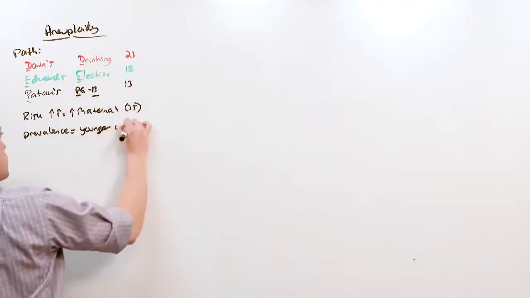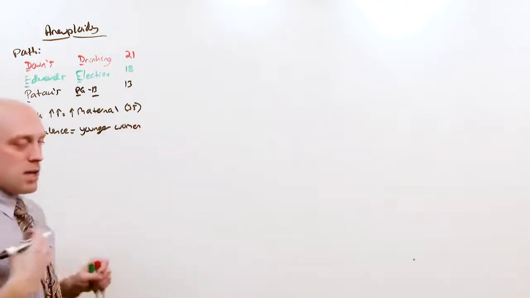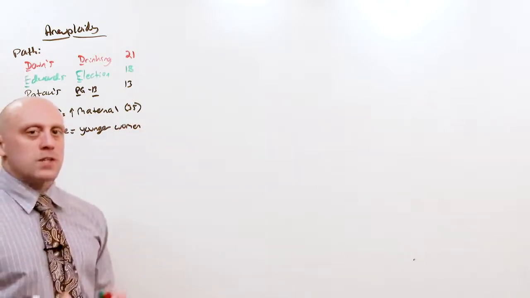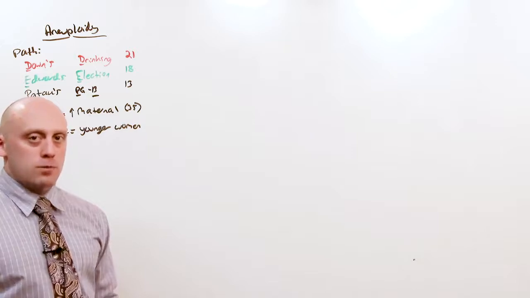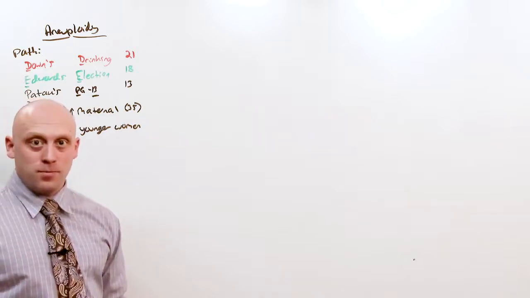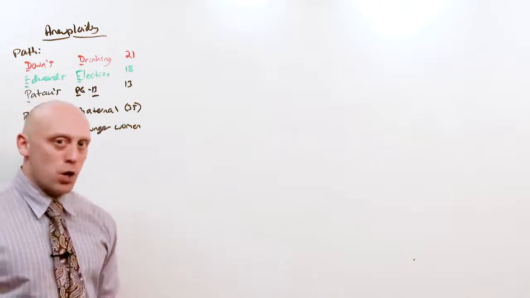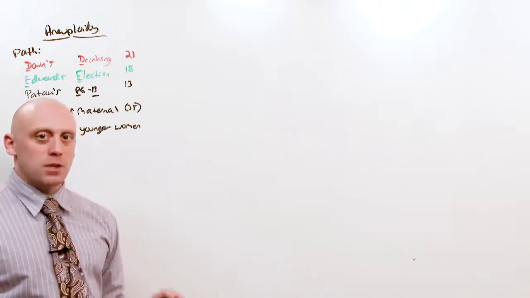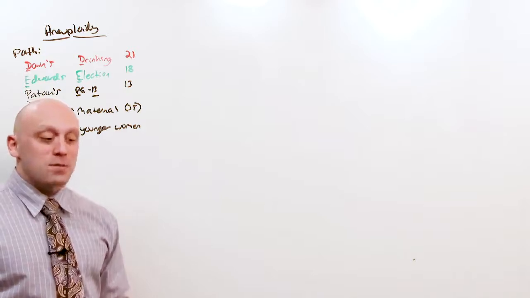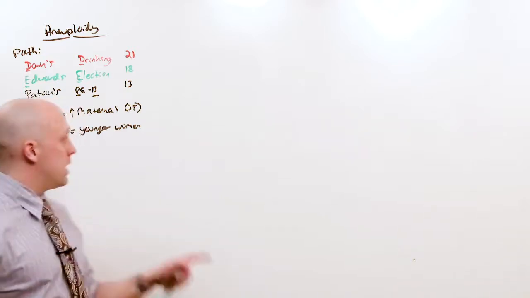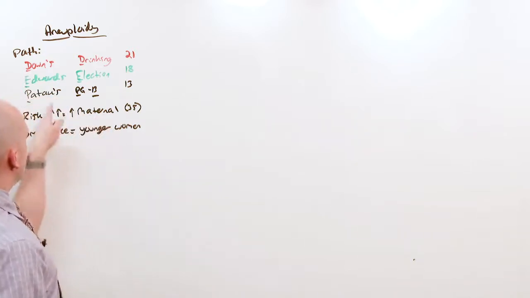This is actually very important to understand. There are more cases of aneuploidy in younger women because younger women have more kids. The sheer volume of pregnancies increases the number of aneuploidy in younger women. For this individual woman in front of you, an increased maternal age increases the risk of aneuploidy.